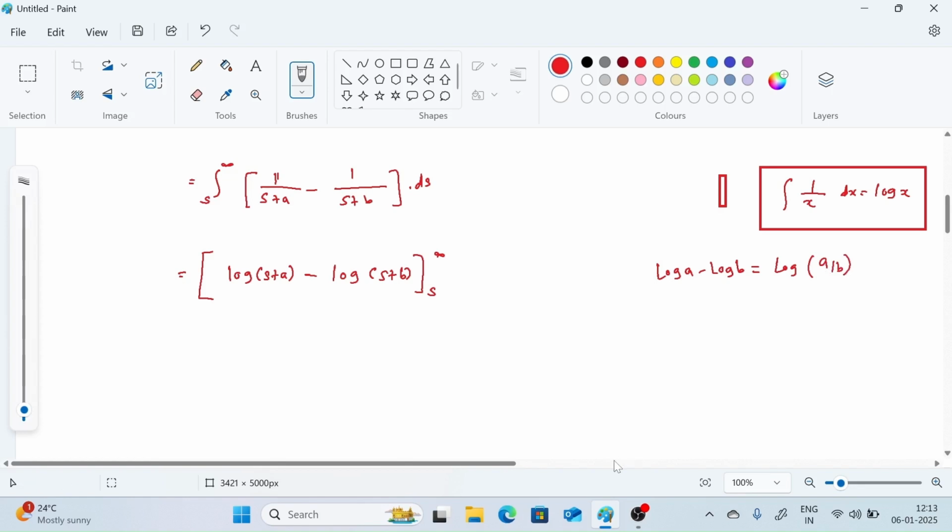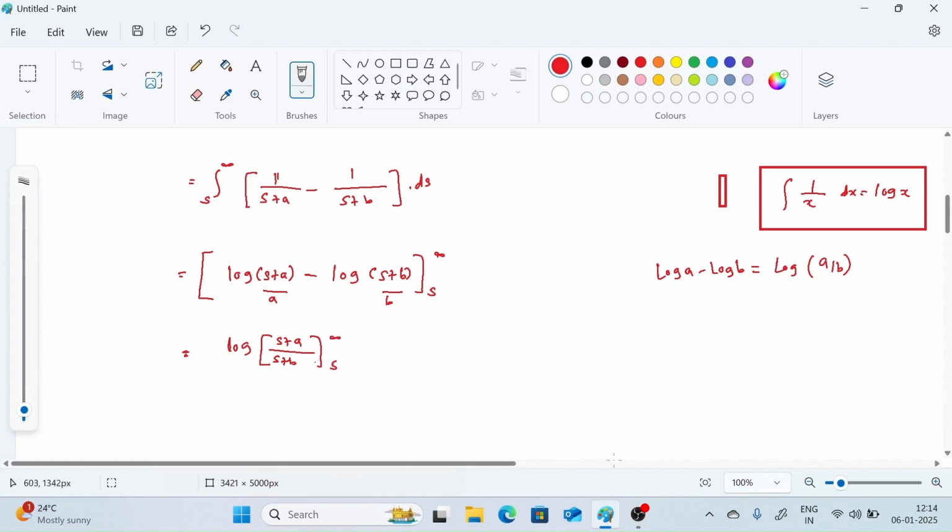So I'm going to apply the same formula here. So what can I get? I can write log of s plus a upon s plus b, with the limit s to infinity.